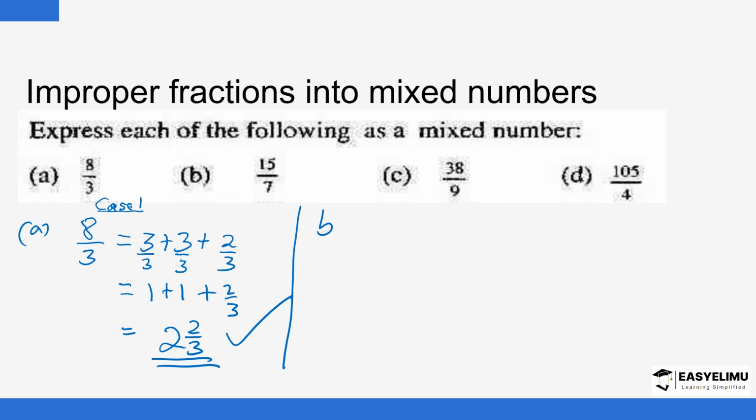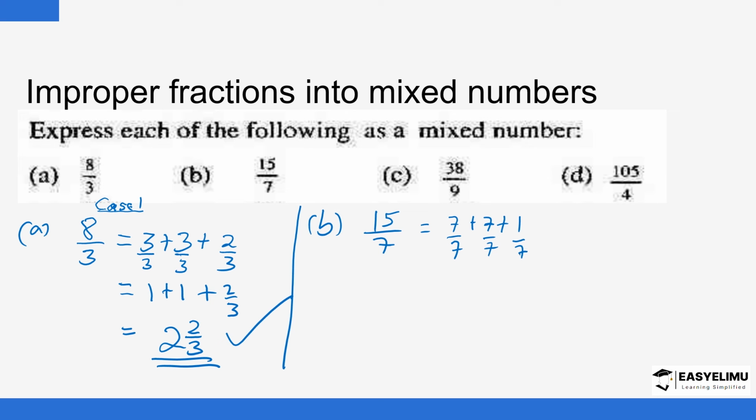So we have B here. How do you go about it? We have 15/7. You do the same thing, just adding the denominator until you cannot add it. So that is going to be 7 plus 7, that is 14. If you add another 7, it will be more than 15. So what I need to add to make it 15 is 1. Each one of them is divided by the denominator.